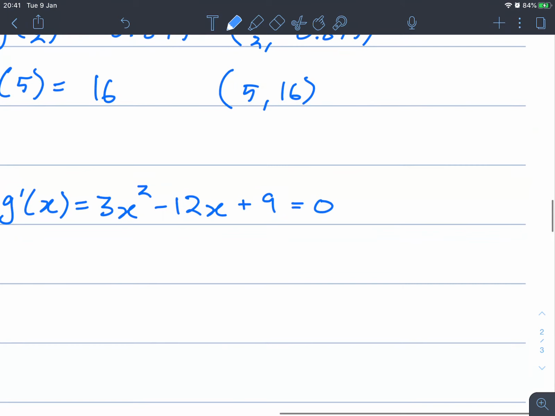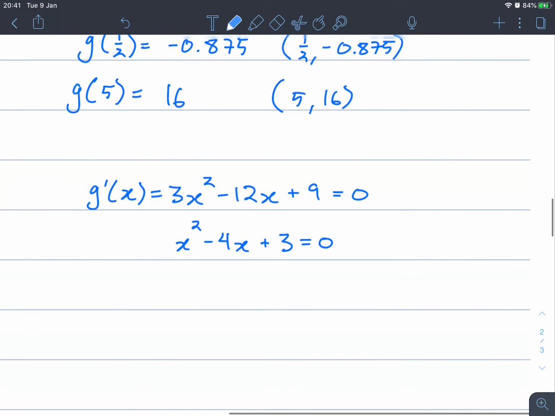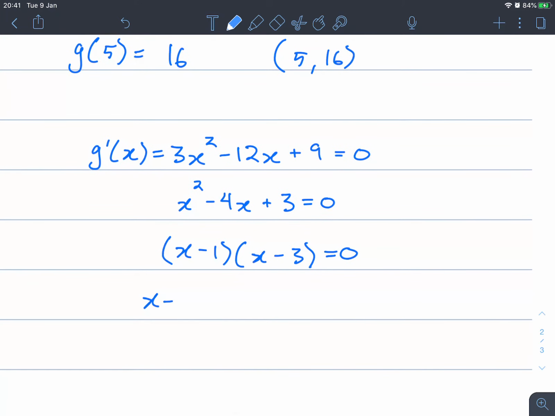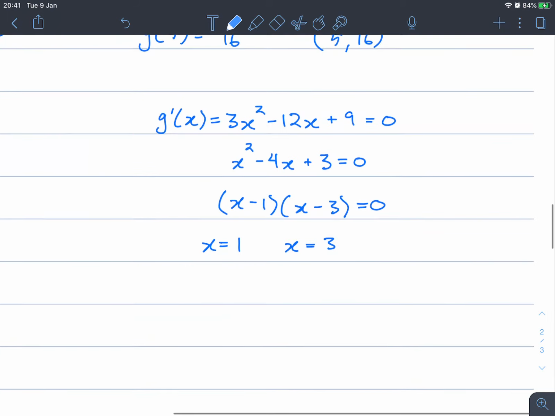Dividing everything by 3, we get x squared minus 4x plus 3 is equal to 0. This will give us x minus 1 and x minus 3, which means we get x equals 1 and x equals 3.